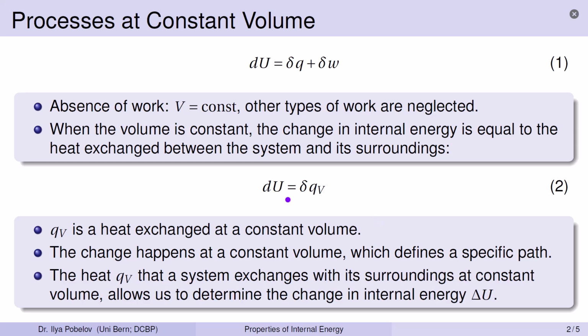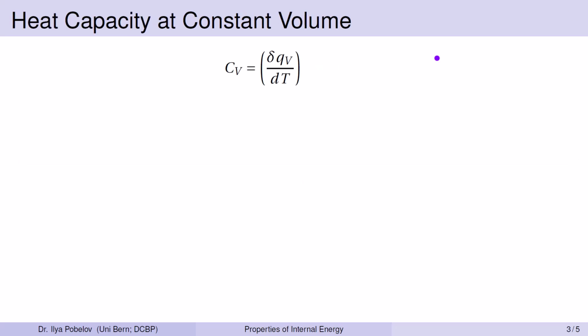This equation further means that the heat that a system exchanges with its surroundings at constant volume, whether it is added or removed, allows us to determine the change in internal energy since they are equal. Now we will introduce a new quantity, the derivative of the heat exchanged at constant volume with respect to temperature.